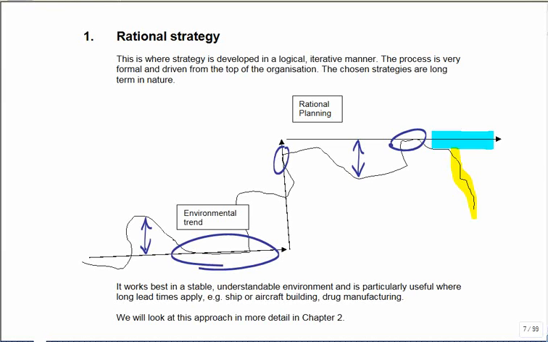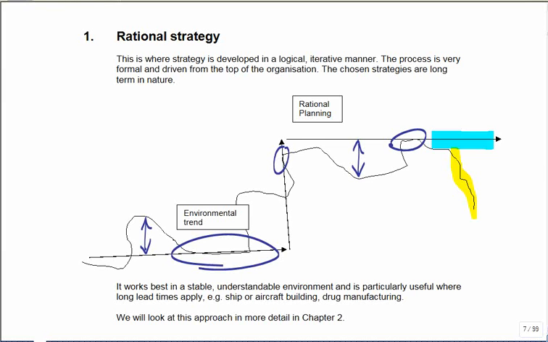So that could be problematic. Now, that will largely depend, though, on how volatile your environment is, and I've deliberately made my environmental line here very volatile, very fluid, going all over the place, and that won't necessarily always be the case.